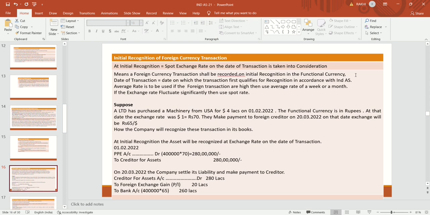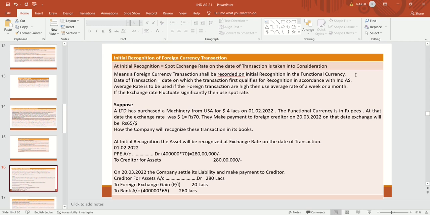On that date, the company will reverse the entry, that is creditor for asset account debit 280 lakhs, and they pay to the bank. They purchase the dollar in order to pay the creditor at what rate? At the rate 65. So they pay to the bank at that rate, the dollar rate having reduced from 70. So they have to pay 260 lakhs only.